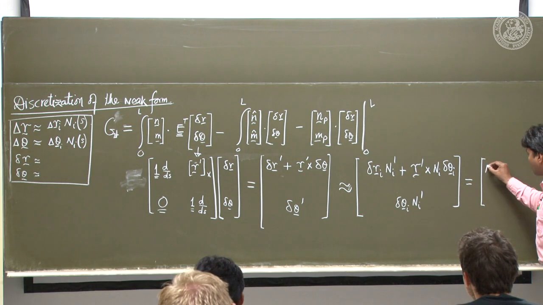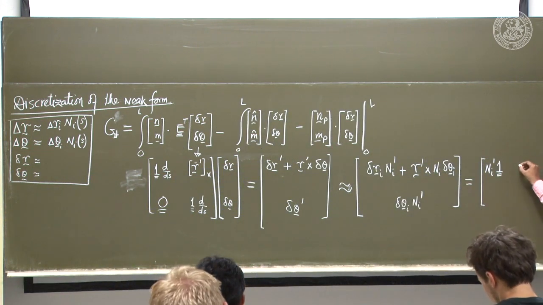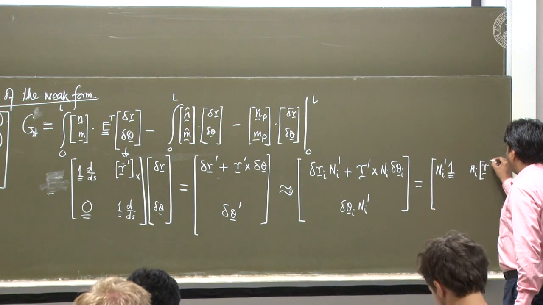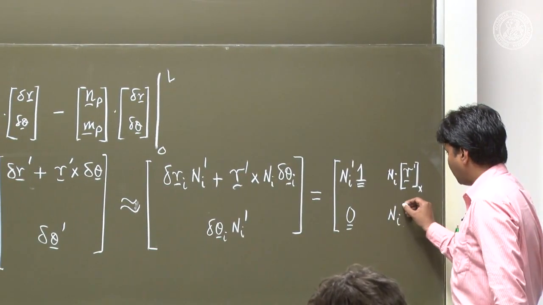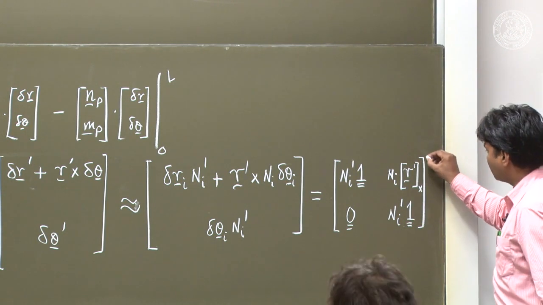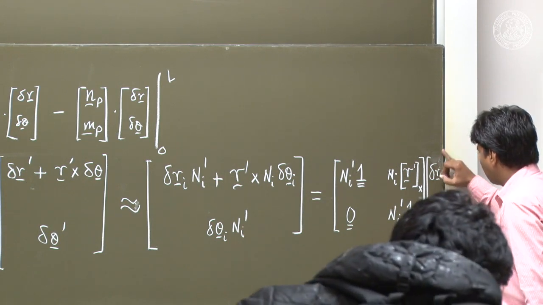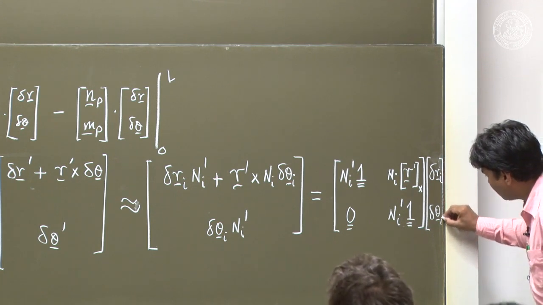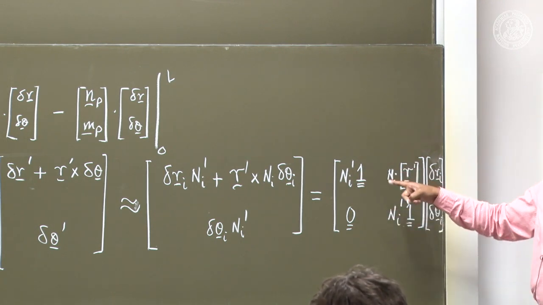If I write this as n_I prime identity, then n_I little r prime cross 0, n_I prime identity, times del little r_I and del theta_I, you see you have now gotten the discrete form of that E transpose.